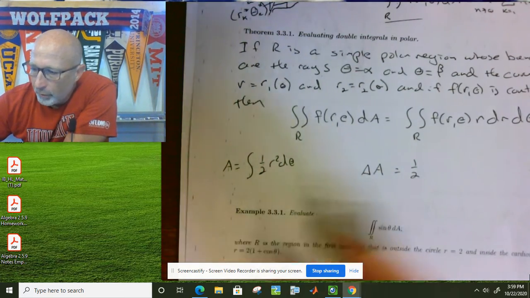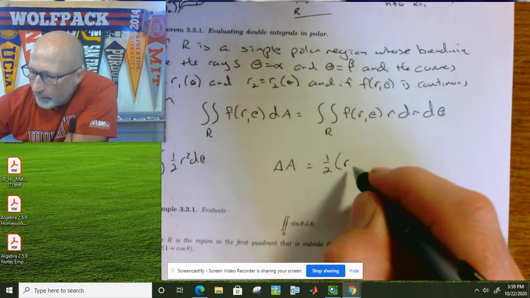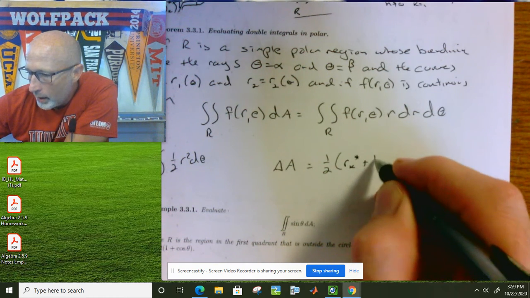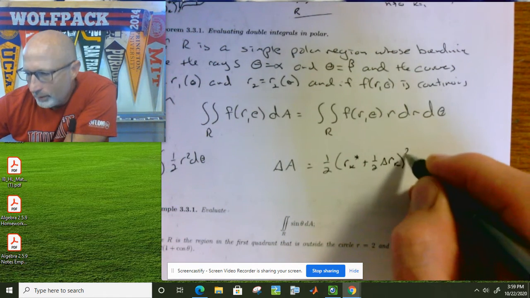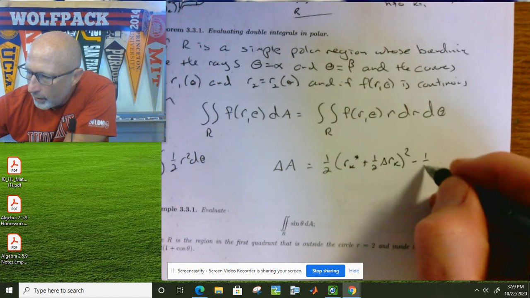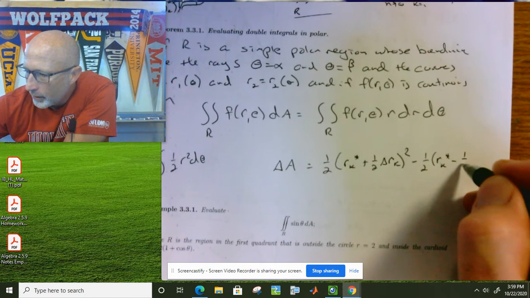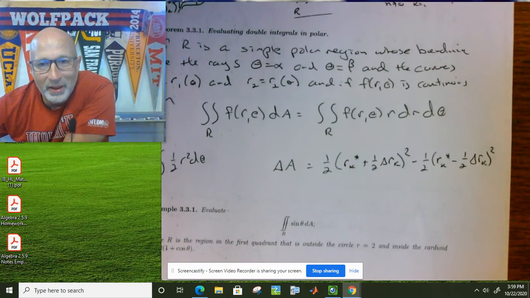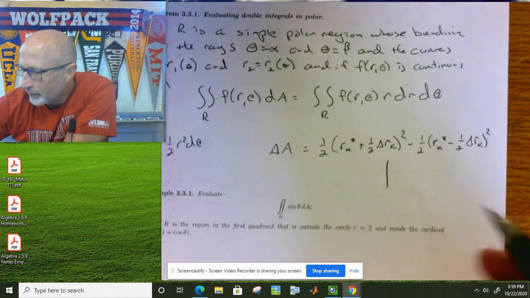Using that formula, delta A is equal to 1/2 (r_k star plus 1/2 delta r_k) squared, minus 1/2 (r_k star minus 1/2 delta r_k) squared. I know that's a lot, and you probably don't understand exactly what that comes from, but it does come from something like this.